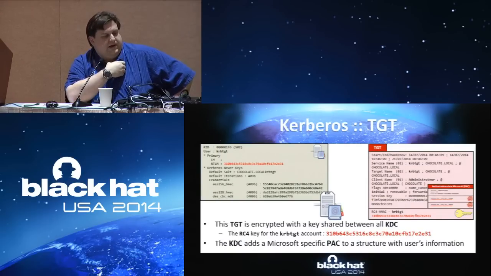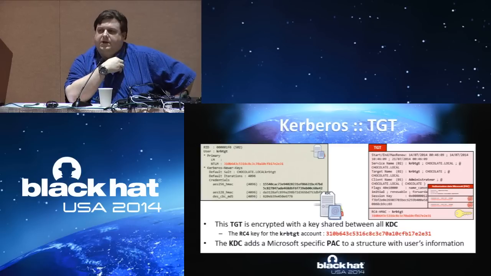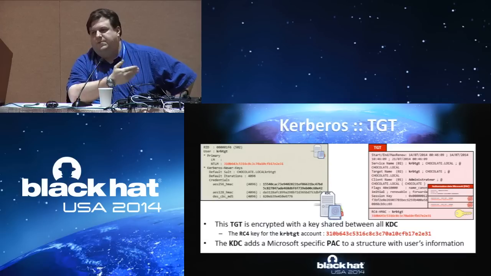The TGT is encrypted with a key that is shared by all of the other KDCs, TGSs in the domain, namely the Kerb TGT account. And as part of the process, a PAC, or a privileged attribute certificate, gets added that includes authentication data, and this data is encrypted by the KDC key as part of the TGT.